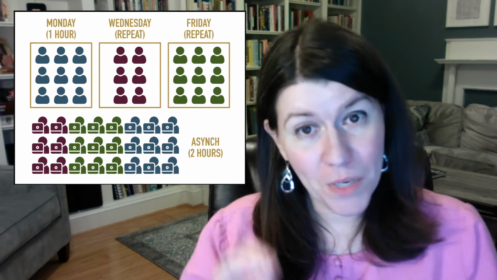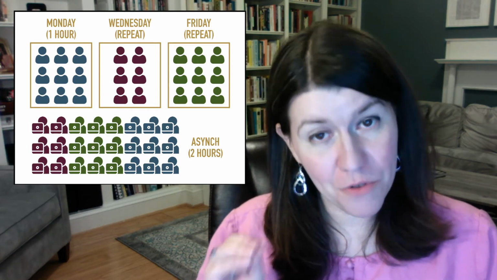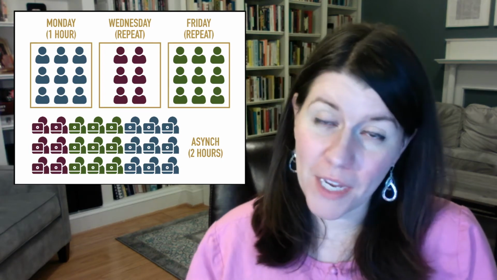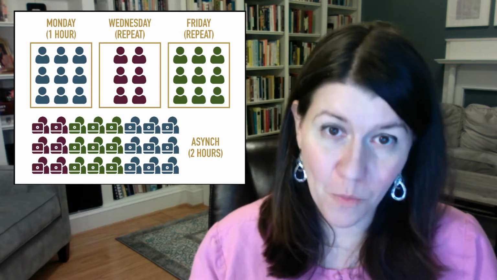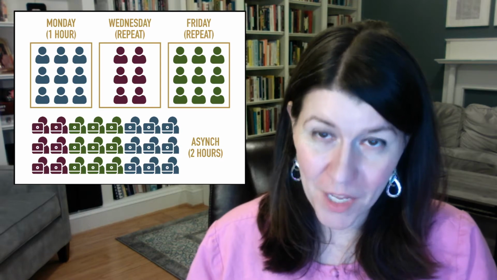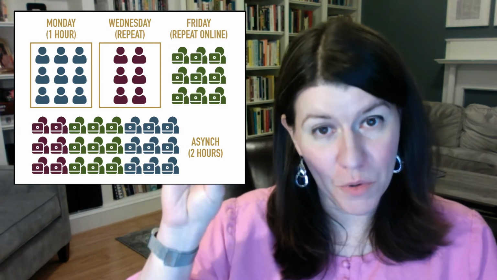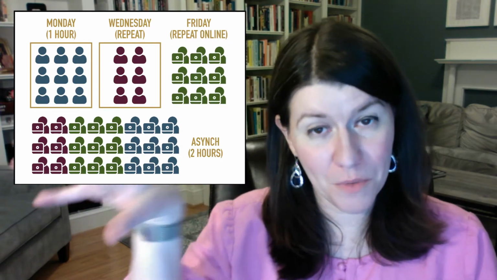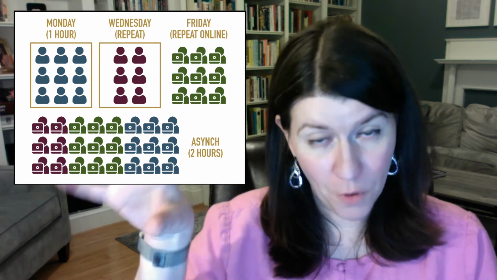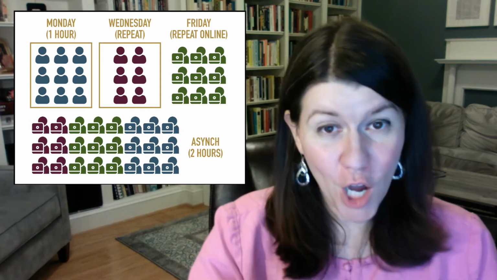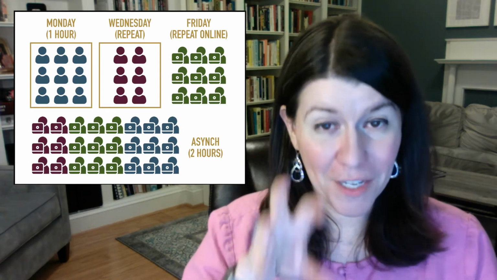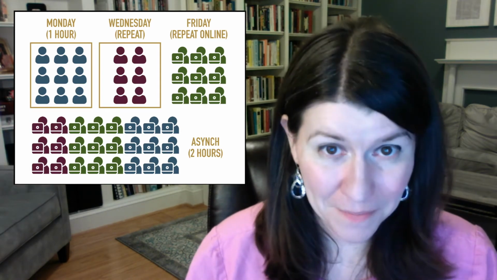The difference between this model, which is blended traditional, and the blended with an online pathway is simply that one of the cohorts will be online. So just as we said that you would repeat your in-person sessions 3 times over the week for all 3 cohorts, you would repeat your in-person session for the online cohort live via Zoom on Friday instead.